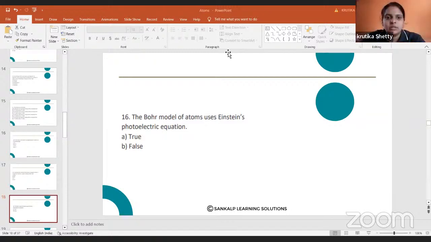Okay, the next question is, the Bohr model of atoms uses Einstein's photoelectric equation. Whether it is true or false. It is false or it is true?